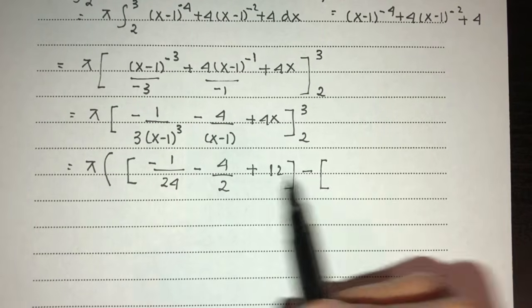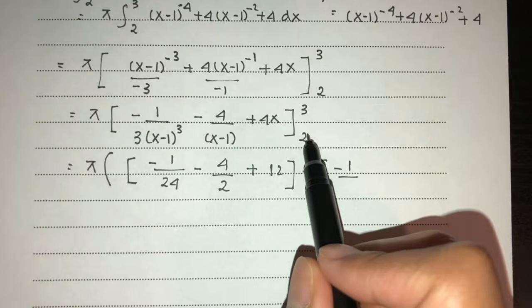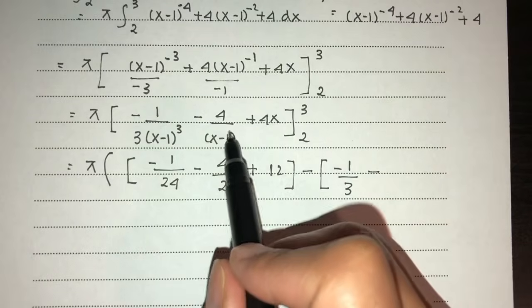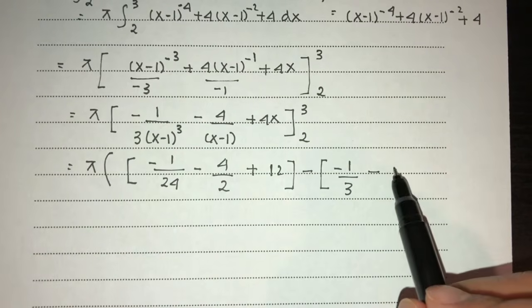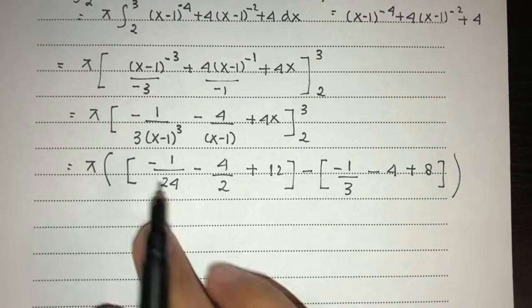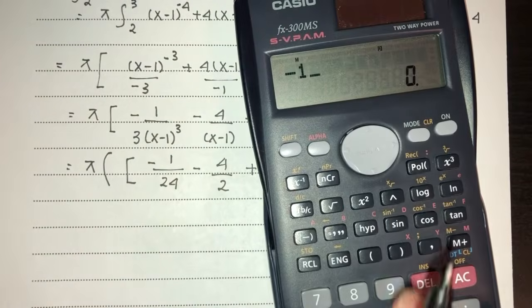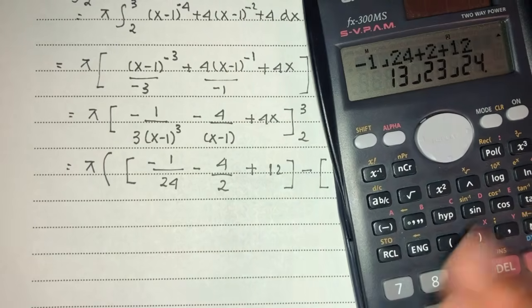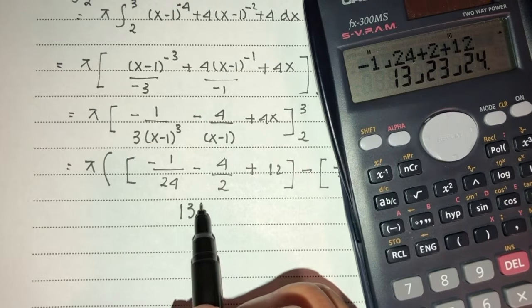Then minus, that will be minus 1 over 2 minus 1 is 1, that will be 3. Minus, that will become 1, minus 4, and plus 8. So let's simplify. Minus 1 over 24, minus 2 plus 12, that will be 13, 2, 23 over 24.